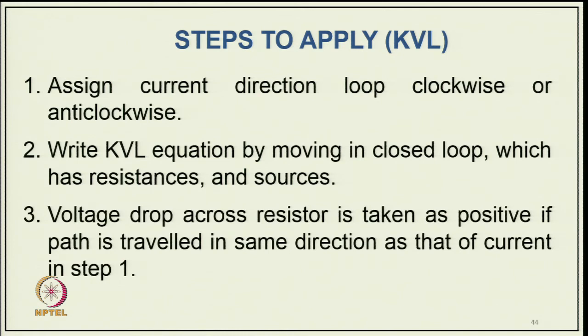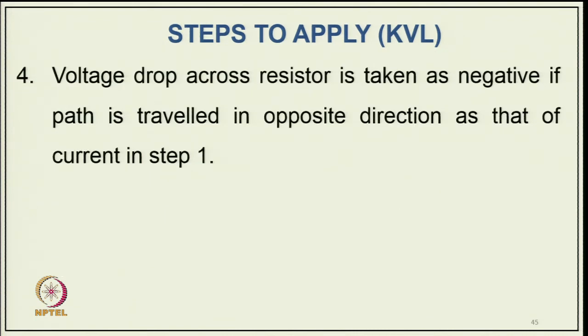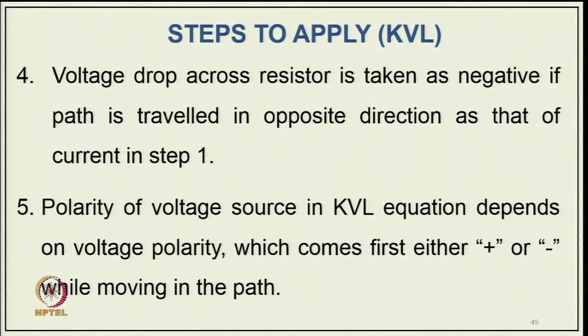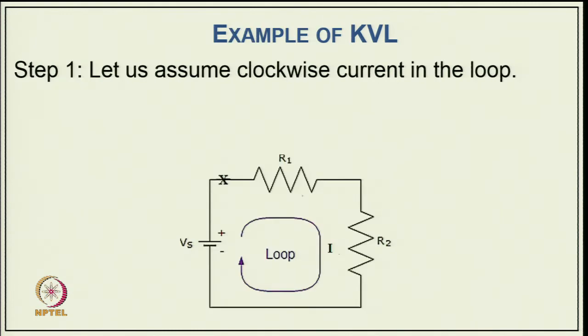The voltage drop across a resistance is taken as positive if the path is traveled in the same direction as the current in step 1. The voltage drop across a resistance is taken as negative if the path is traveled in the opposite direction to the current in step 1, and the polarity of a voltage source in the KVL equation depends on the voltage polarity which comes first, either plus or minus, while moving along the path.